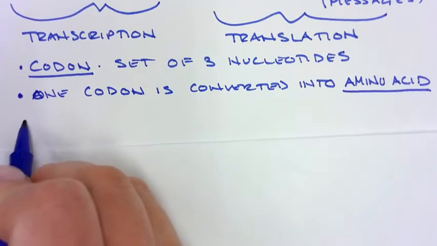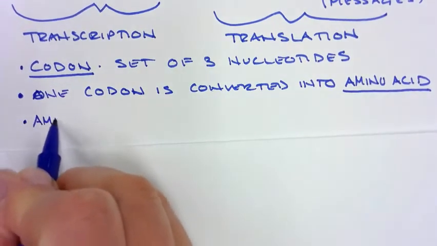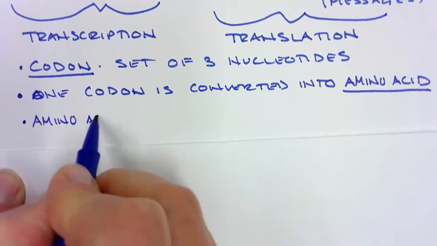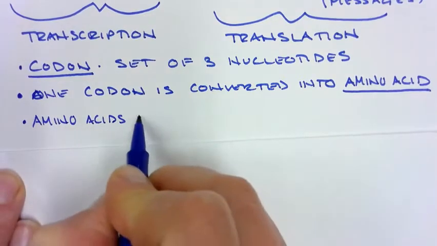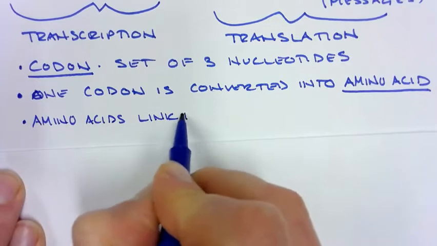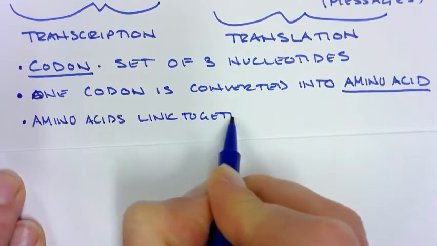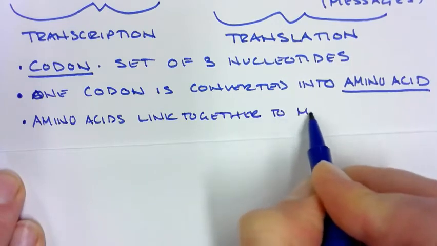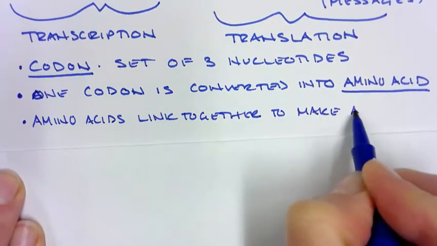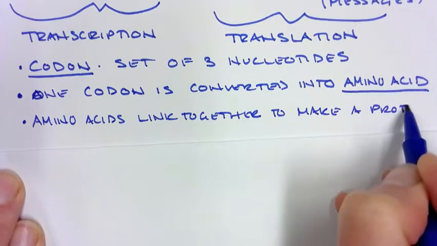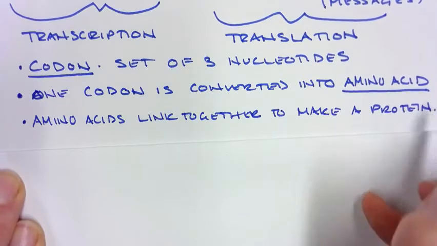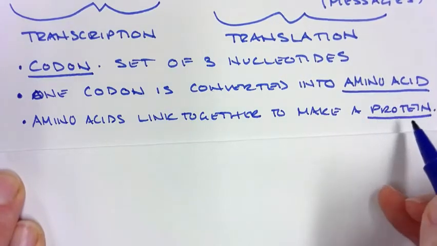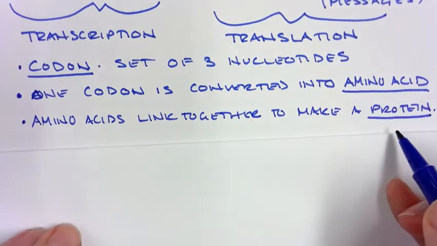And then amino acids linked together to make a protein. So basically, a gene codes for a specific protein.